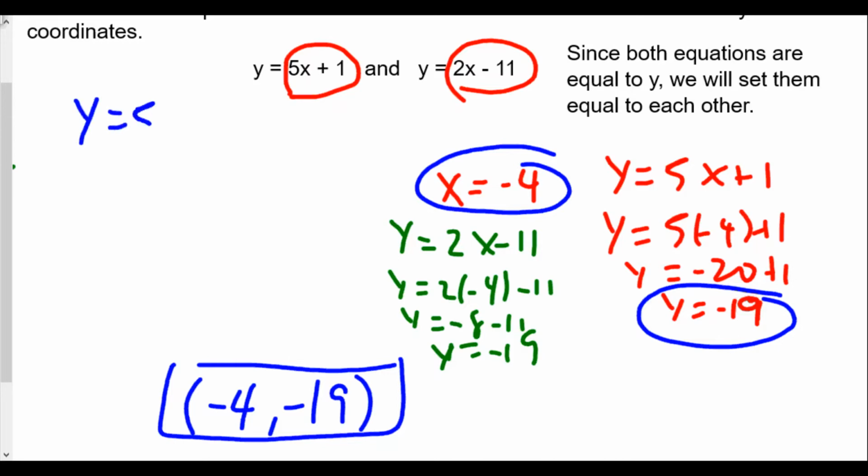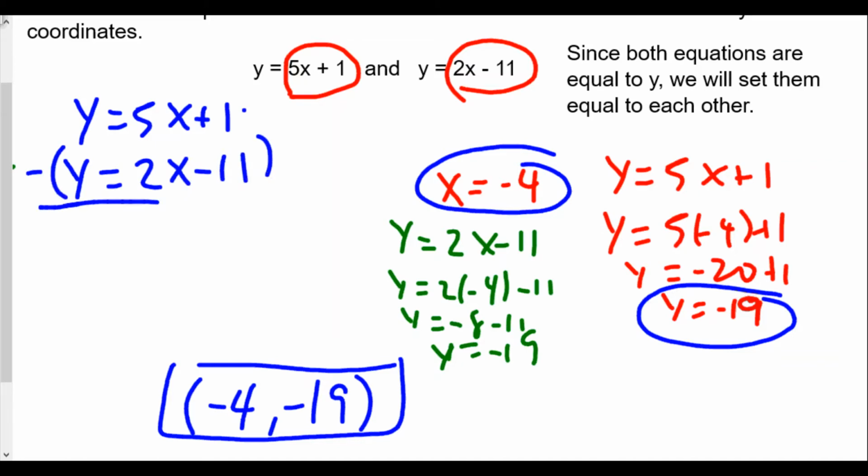y equals 5x plus 1, and then we have y equals 2x minus 11. If we subtract the two equations, which I like to do by changing the signs of everything, making addition minus, minus and plus, we would find that the y's cancel out to 0.